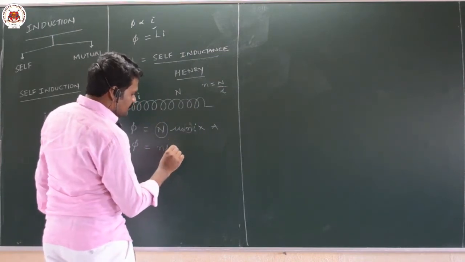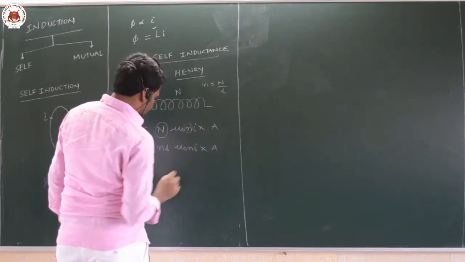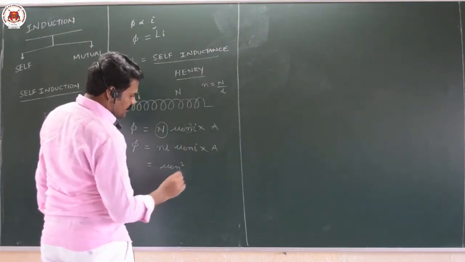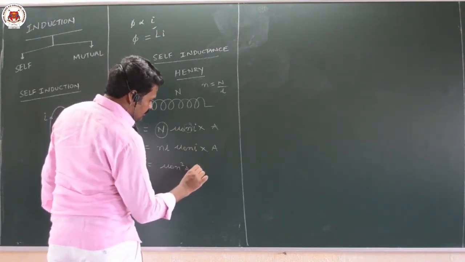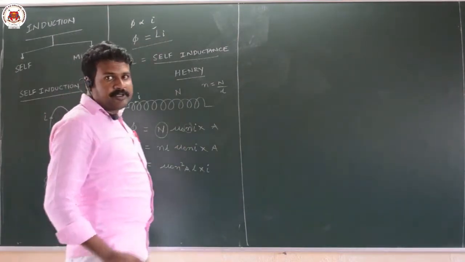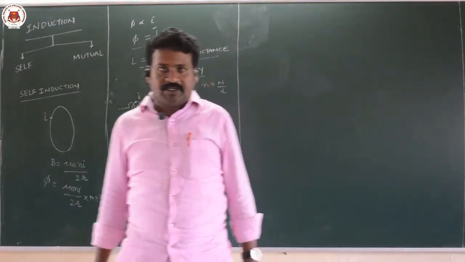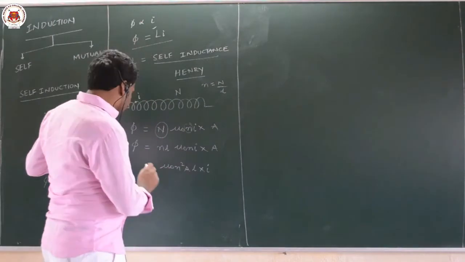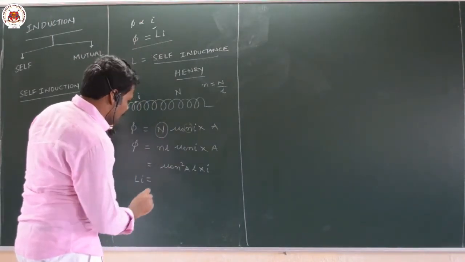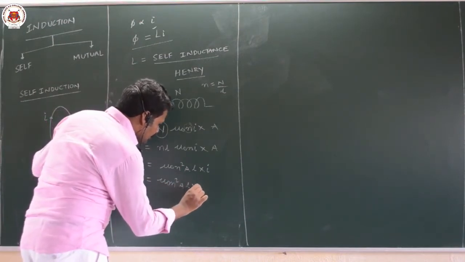N into l, it is mu naught Ni into A. Therefore this is equal to mu naught n square A l into I. So according to our definition, that flux I can equate to L into I. If you equate this, L into I is equal to mu naught n square A l into I.